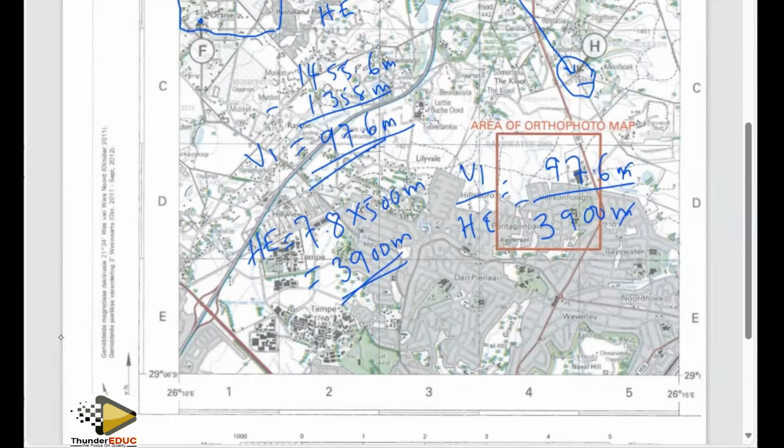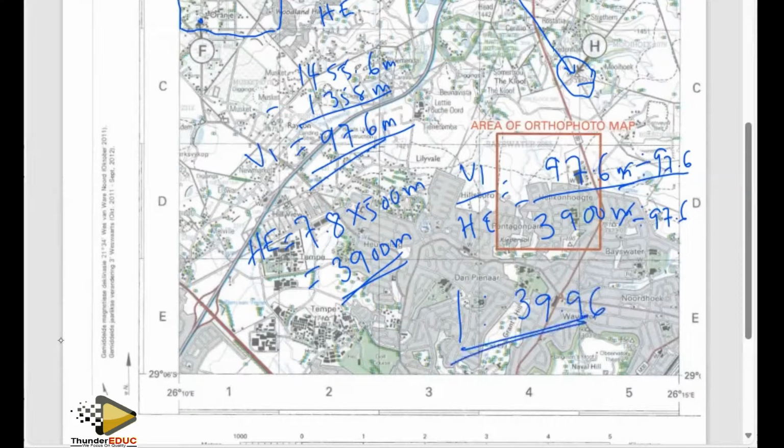So how do we make this equal to 1? We divide the numerator by 97.6, and we also divide the denominator by the same value, 97.6. If we divide the numerator, we get 1. If we divide 3,900 by 97.6, it is going to give us 39.96 if we round it off to 2 decimal places.